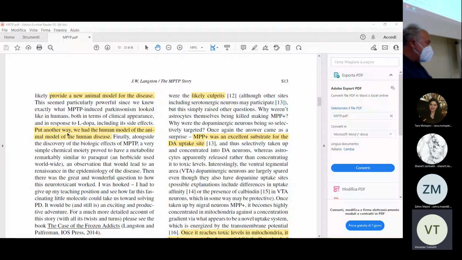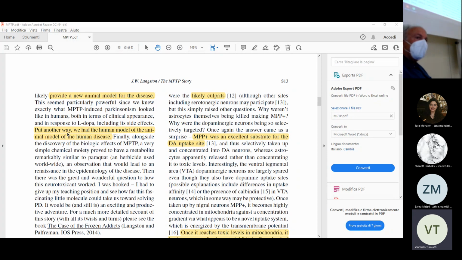The discovery that this compound is toxic toward only dopamine neurons represents really a milestone in the investigation of this disease.